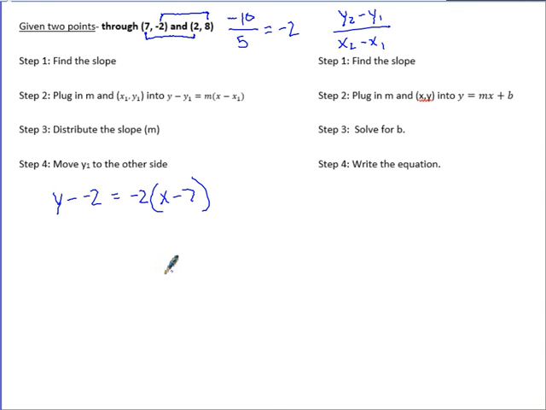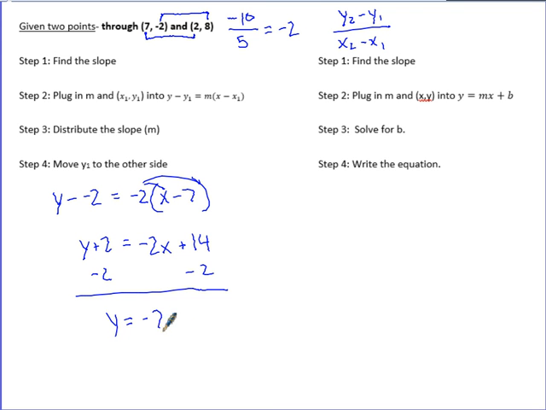Okay, I'm going to simplify this. Y minus -2 is y plus 2. Remember, minus and negative is the same thing as addition, and then I'm going to distribute. So I would have -2x plus 14, and then get my y by itself by subtracting 2 from both sides. So y is equal to -2x plus 12.